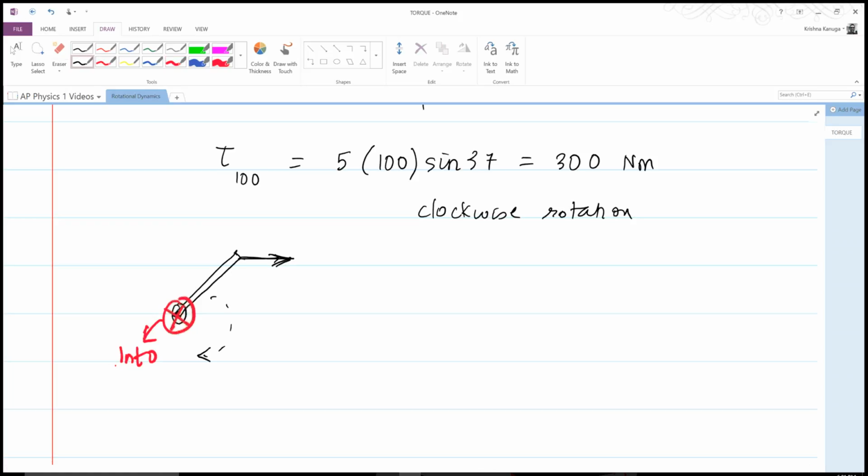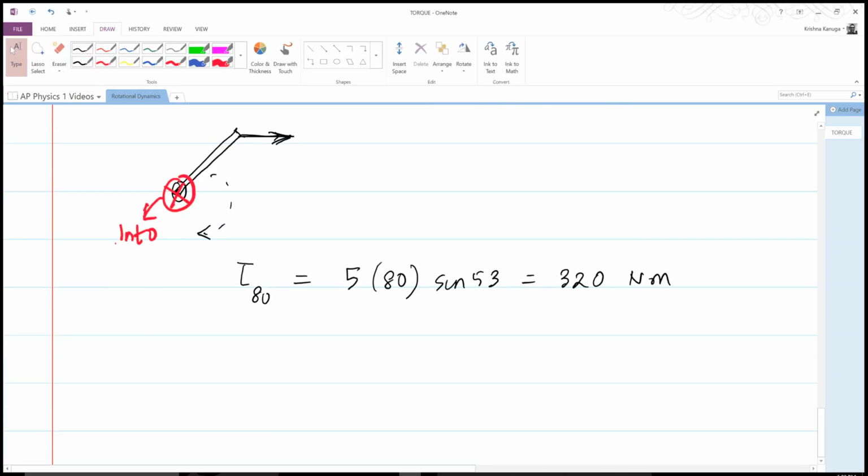In a similar manner we can calculate tau 80. Tau 80 is equal to 5 times 80 times sine of 53, and when you calculate this, it ends up being about 320 Newton meters. Now if you look at this force, this force will create a counterclockwise rotation.